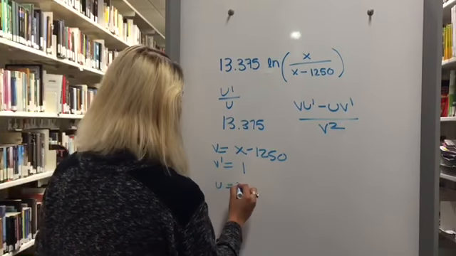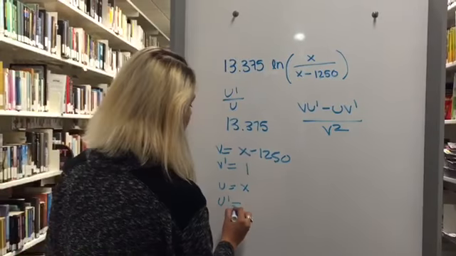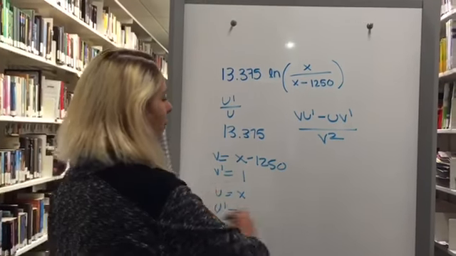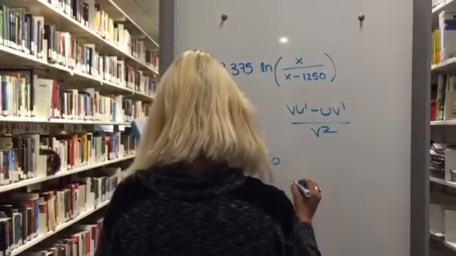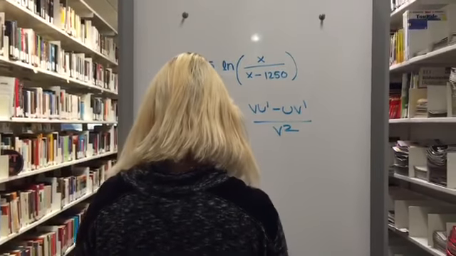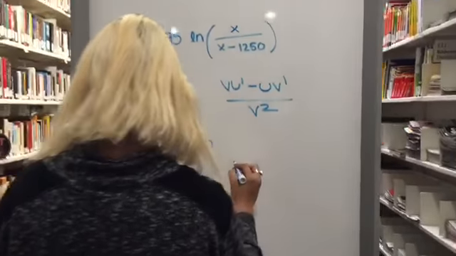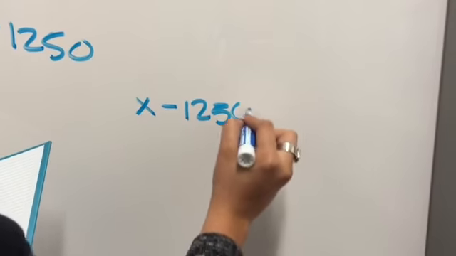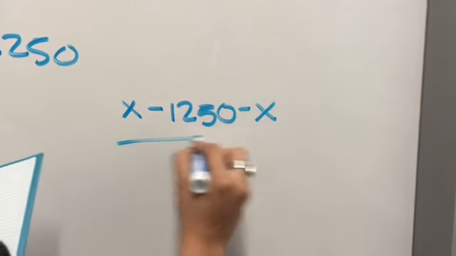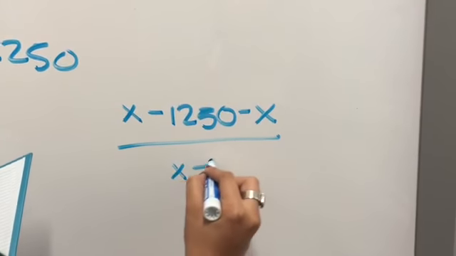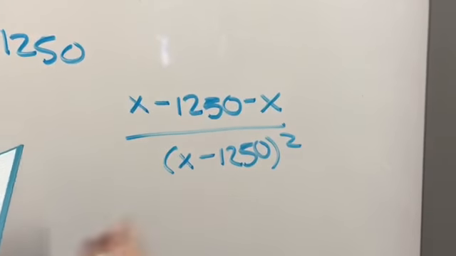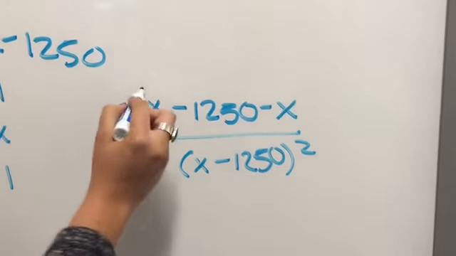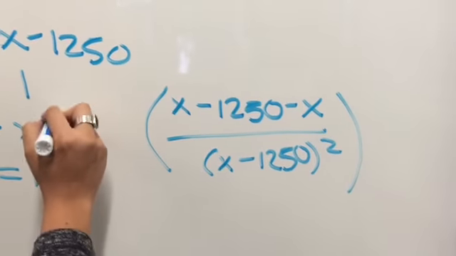Our u is equal to x and our u prime is equal to 1. So with these numbers, we need to apply them to the formula, and we need to leave our base number outside the parentheses.